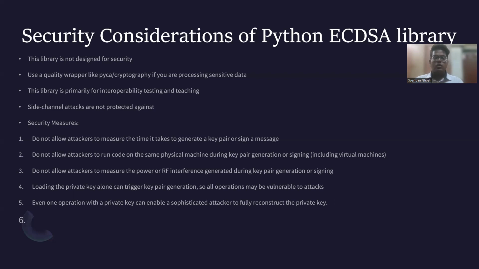We should not allow attackers to measure the power or RF interference generated during key pair generation or signing. Loading the private key alone can trigger key pair generation, so all operations can become vulnerable to attacks. Even one operation with a private key can enable a sophisticated attacker to fully reconstruct the private key.